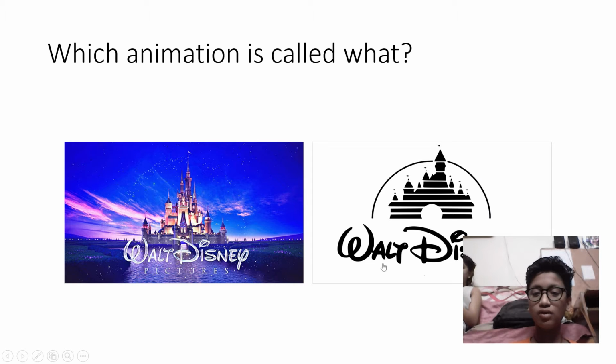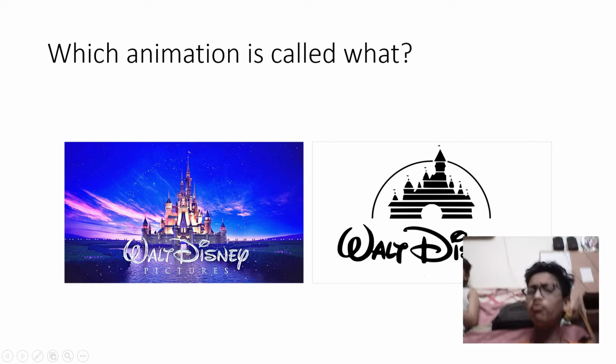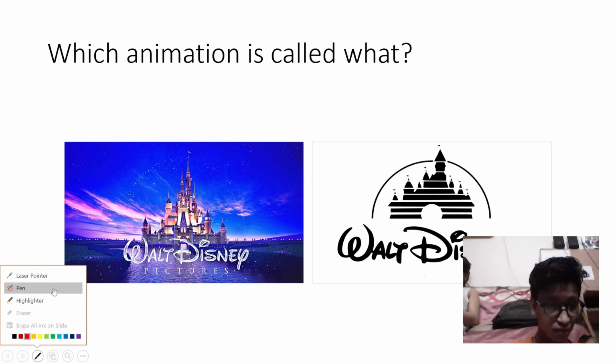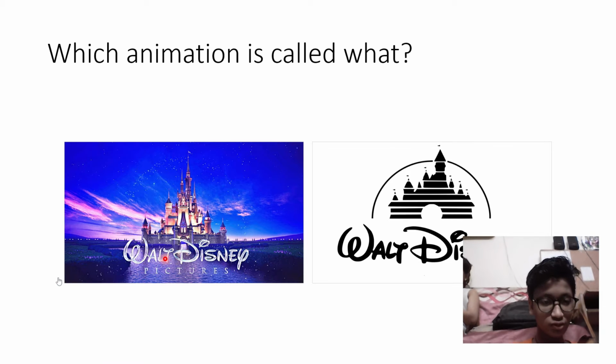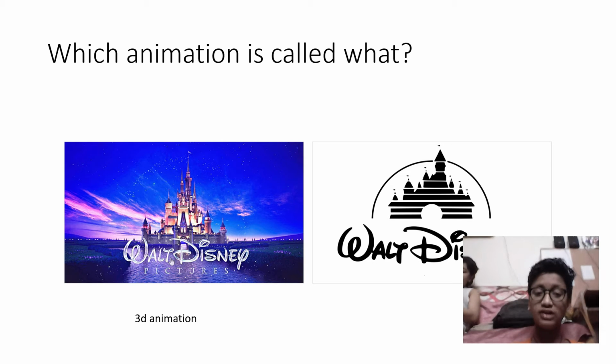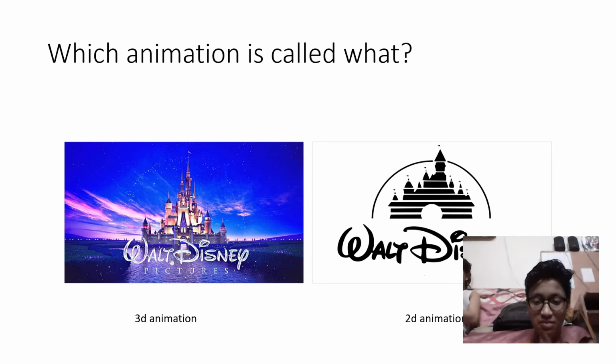And over here you can see the second animation, which just has some figures, from Walt Disney. But what are these two kinds of animation called? This beautiful castle one is known as 3D animation, and this one is called 2D animation.